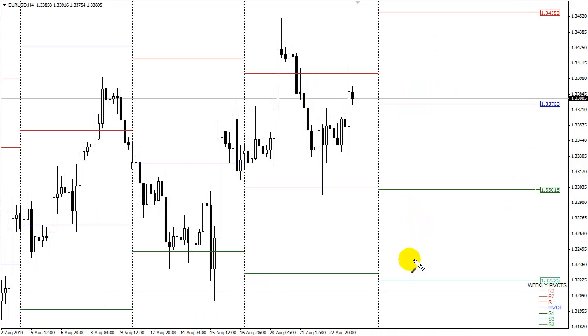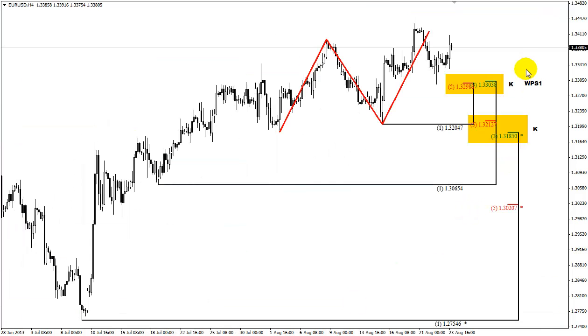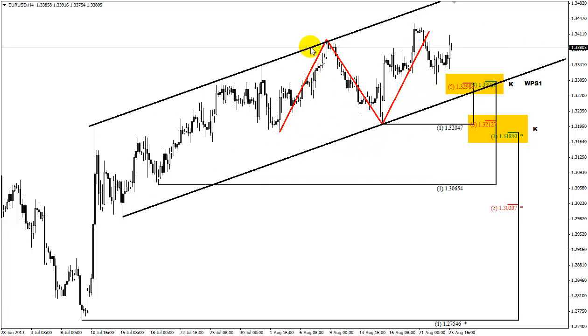The line in green is the weekly pivot support 1 at 133.01, okay, right at the confluence support zone. And take a look also that the same zone will be the lower border of this upward channel that we have talked about previously.